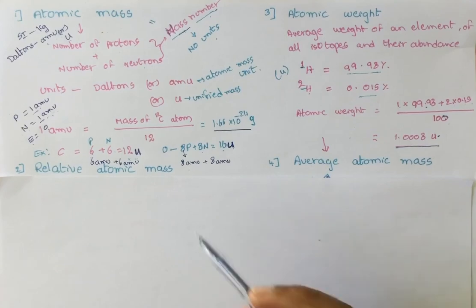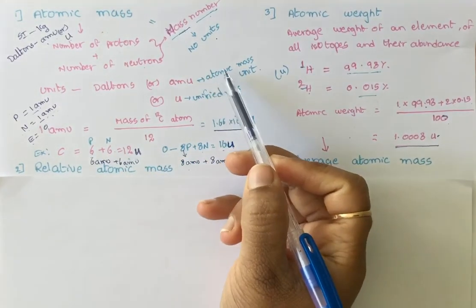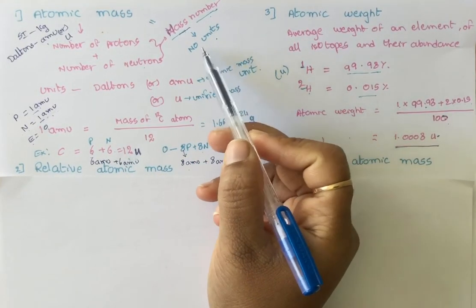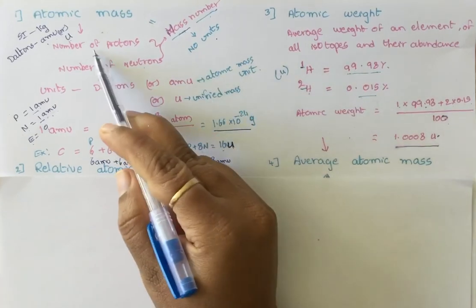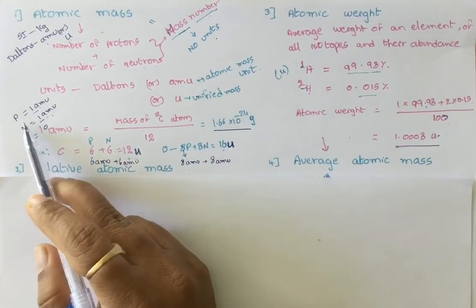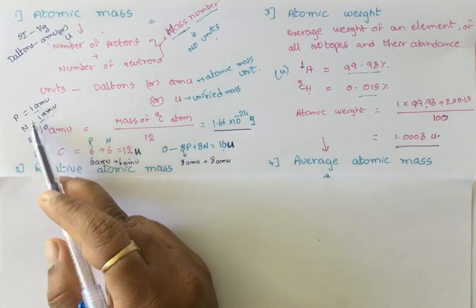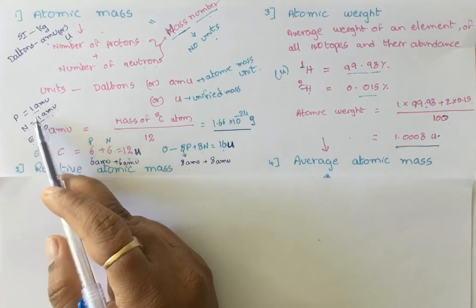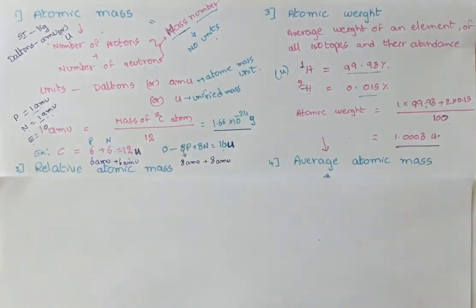In this way you can simply equate to mass number, but for mass number we directly count the number of protons and neutrons. In atomic mass, you have to convert the number of protons into atomic mass units and the number of neutrons into atomic mass units. That is the only difference. But the value is the same. Mass number is equal to atomic mass, but atomic mass has units.